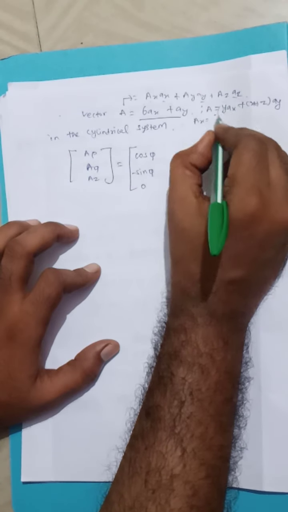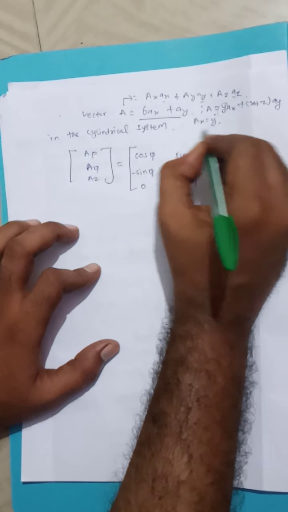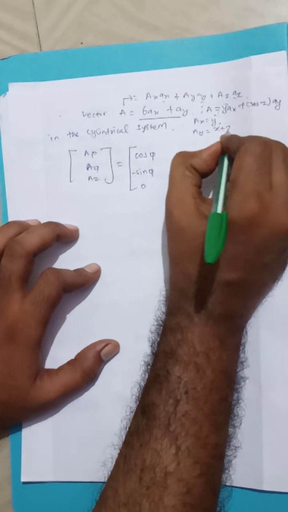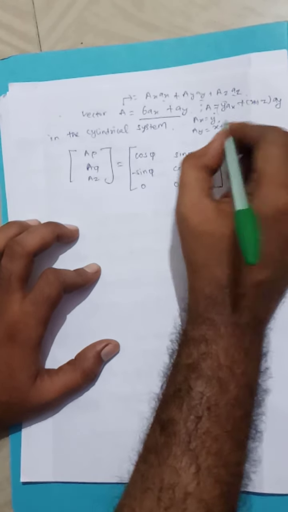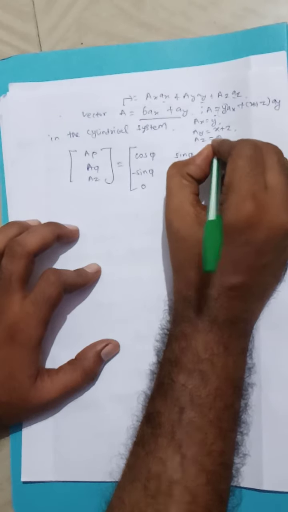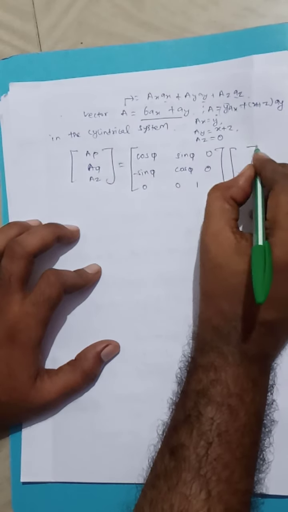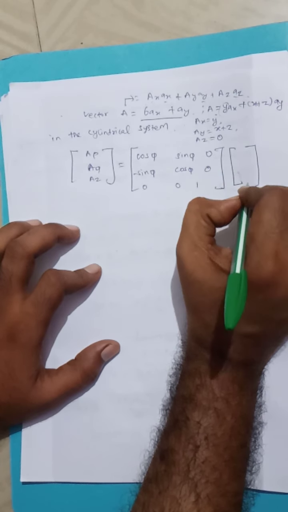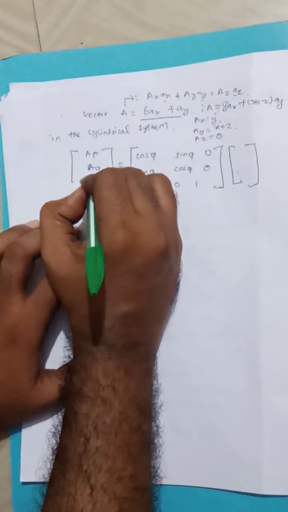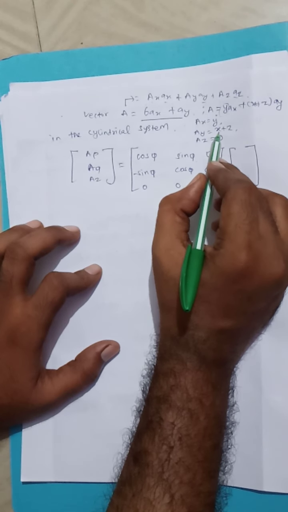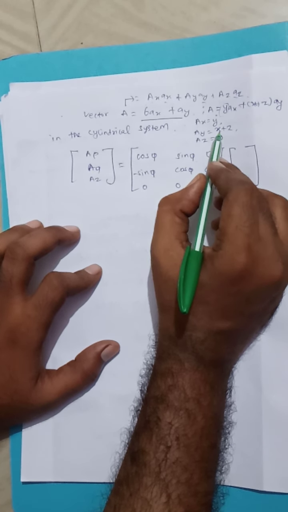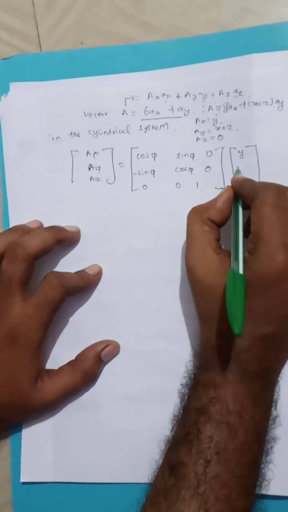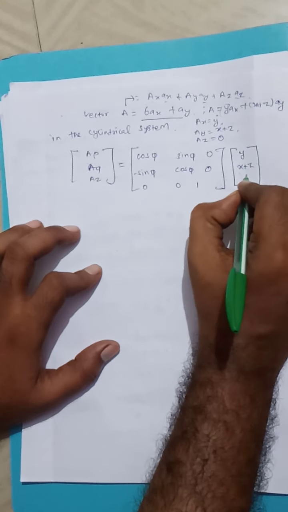In that, A_x is y and A_y is x plus z, and there is no a_z component, so we can take A_z equal to 0. These three values should be substituted here.